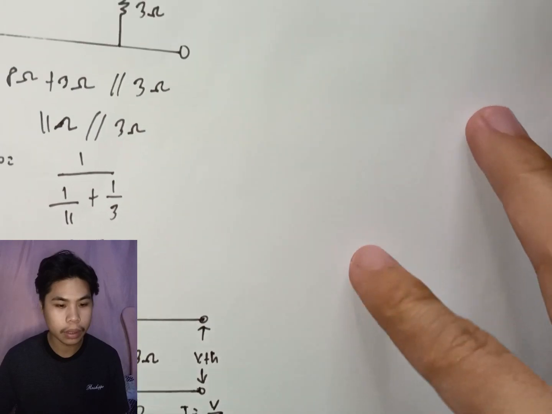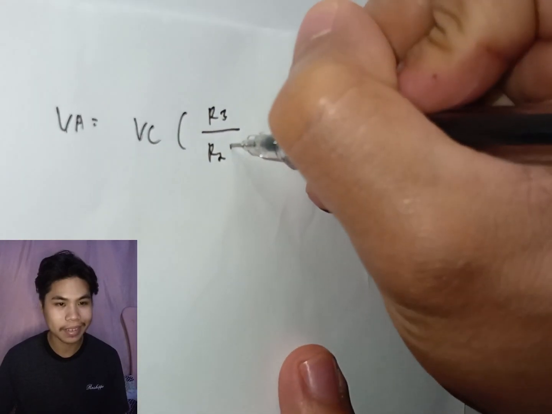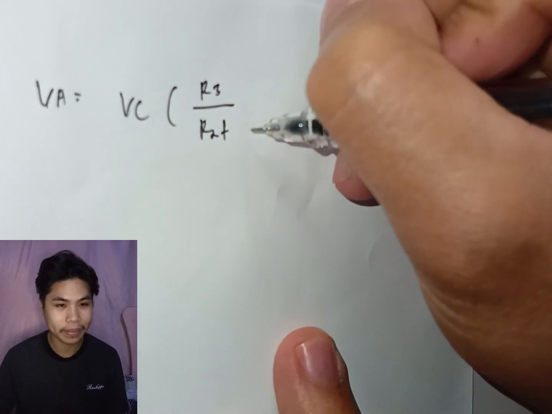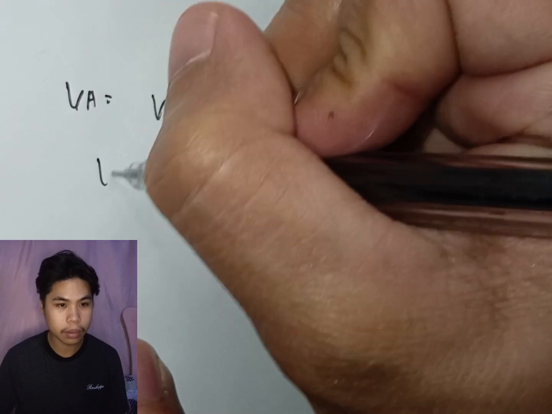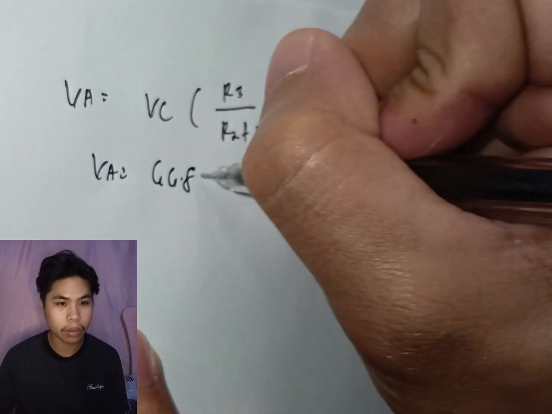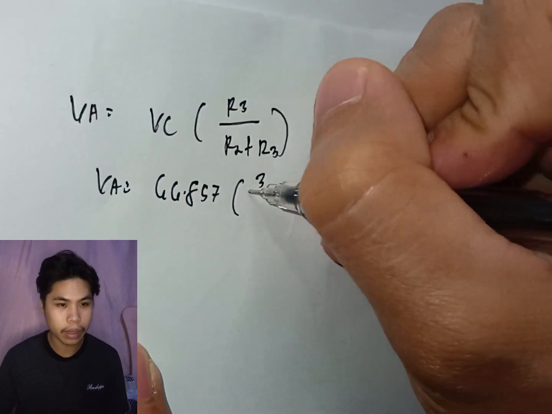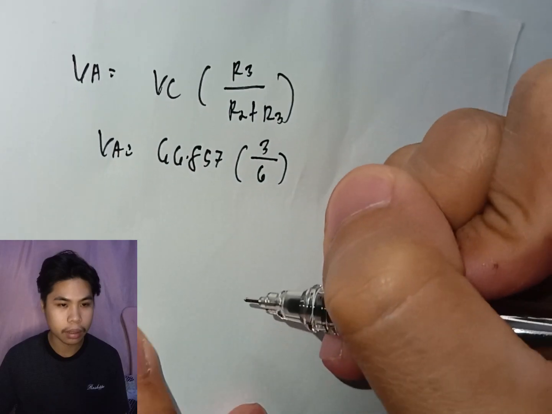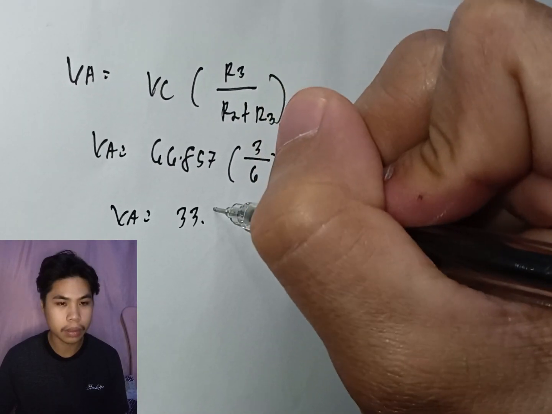So R3 all over by R2 plus R3. So VA is equal to 66.857 multiplied by 3 all over by 6. And VA natin ay 33.4285 volts.